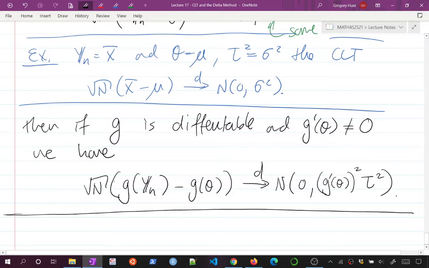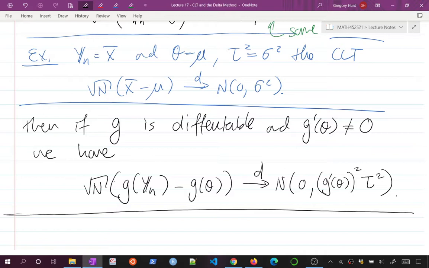The g prime of theta squared might look familiar, coming from Taylor's theorem. We saw a similar thing in Fisher information, and it's all basically coming from Taylor's theorem at the end of the day.